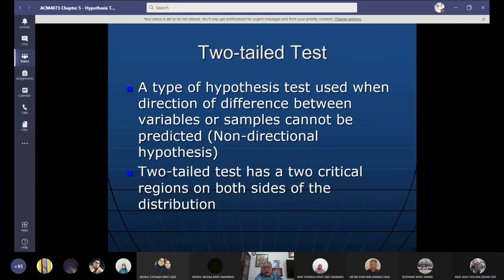We do not highlight which one is better. We cannot highlight that one is better than the other. So that is about the two-tail test. The two-tail test has two critical regions on both sides of the distribution.